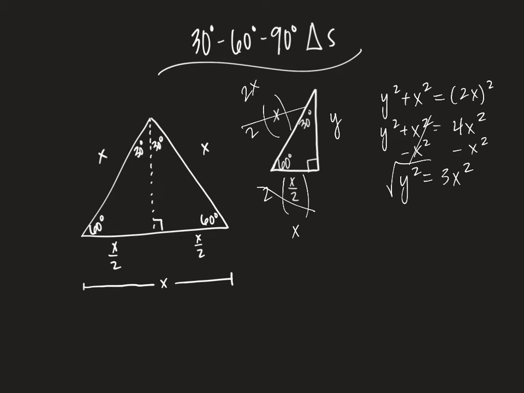Then I got to take the square root of both sides. So y is equal to the square root of x squared is x, and the square root of 3 is just radical 3. So now I know that y is not just y, but it's actually x radical 3. So now I have 2x for my hypotenuse, x for my short leg, and x radical 3 for the relationship between the three sides of the triangle.